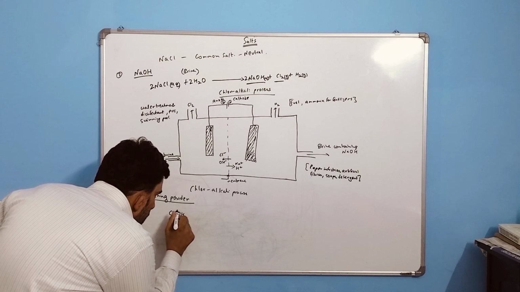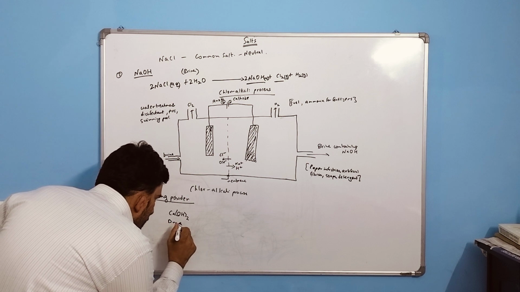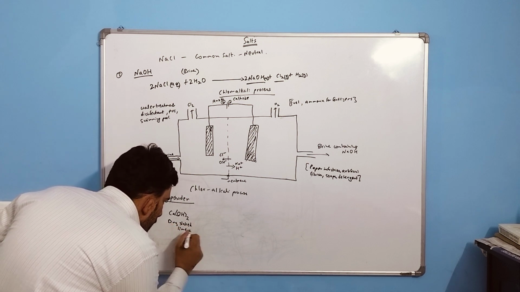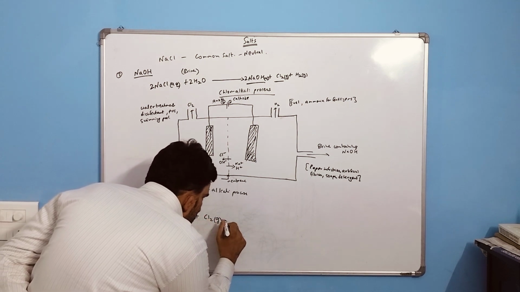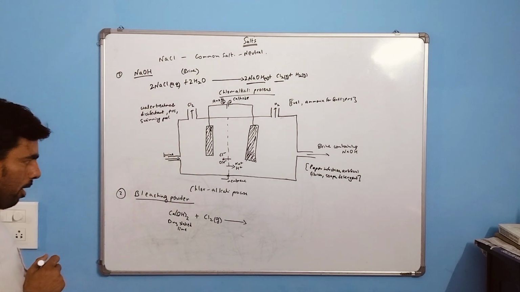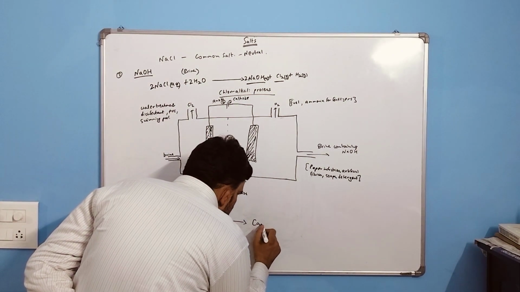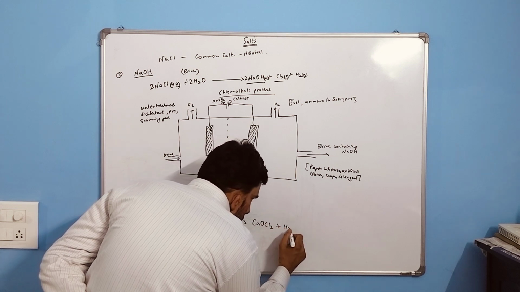I am using dry slaked lime plus chlorine gas. What will it give? It will form bleaching powder, whose formula is CaOCl2 plus water.